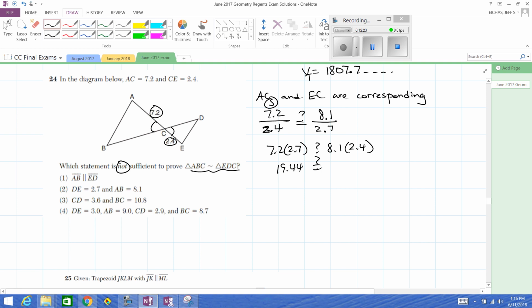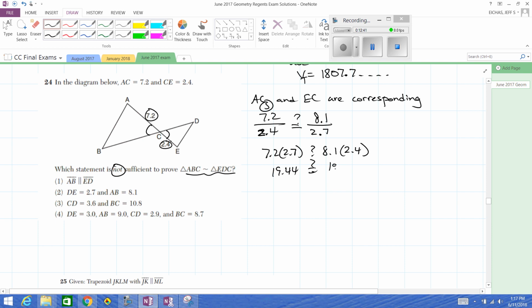It's probably going to happen. 8.1 times... Oops. Yep, it's the same. So this is enough information. This definitely is, because what we're going to use here is angle, this one we're going to use side angle side similarity. Give me 1 second. I'm going to go calculate the rest.